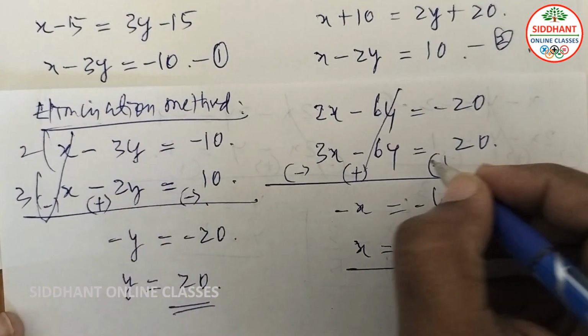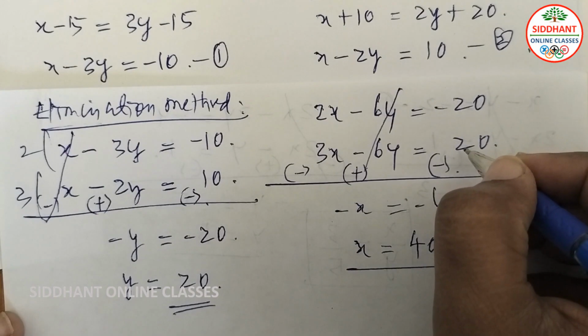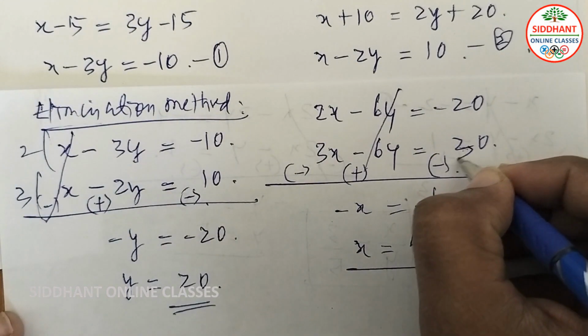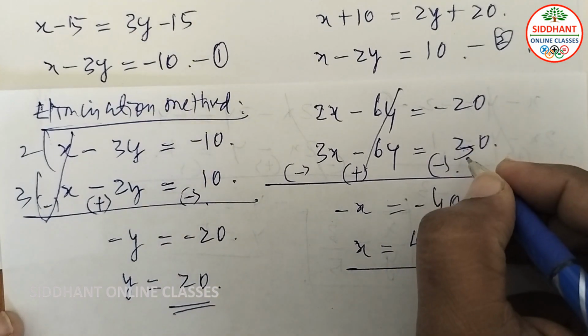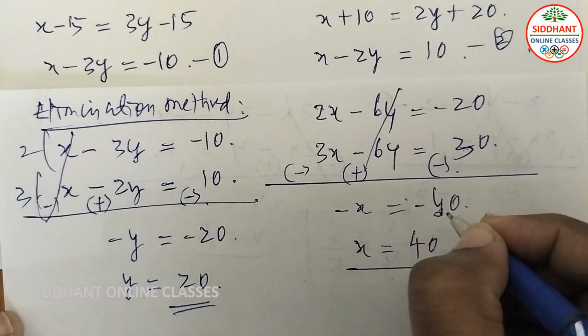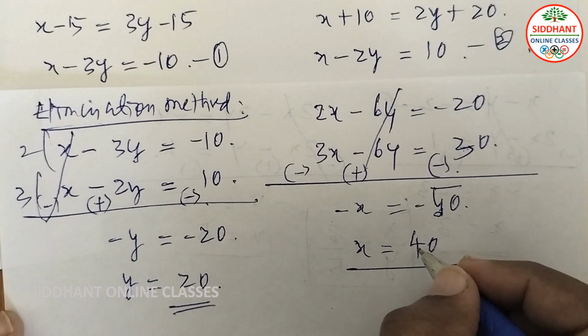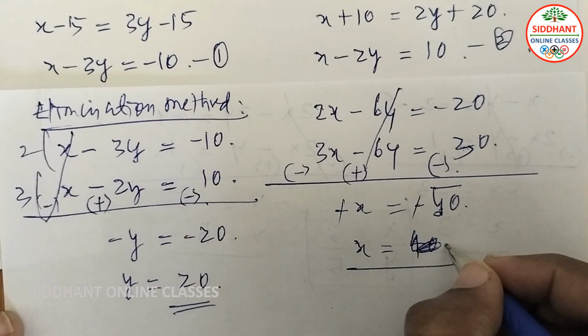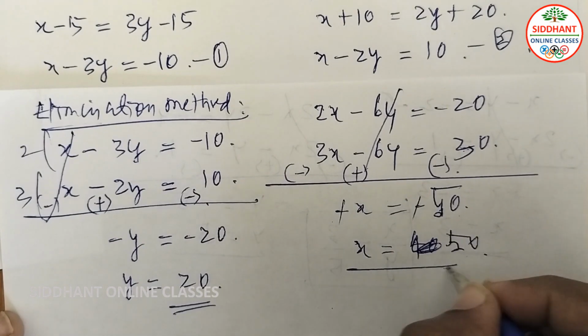So here 3 into 10, 30 here, and 30 plus 20, which will be 50 here, and we get minus cancel, and we get 50 here.